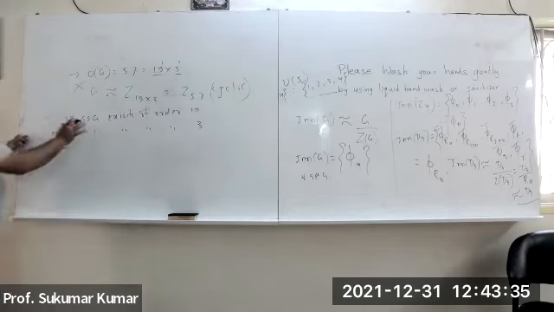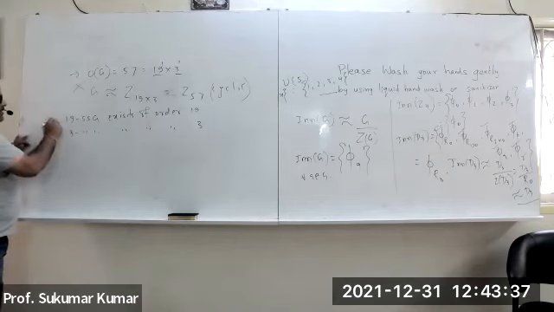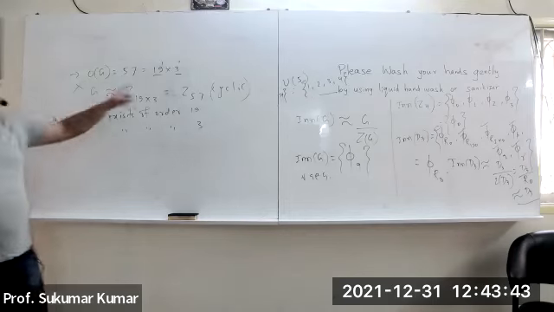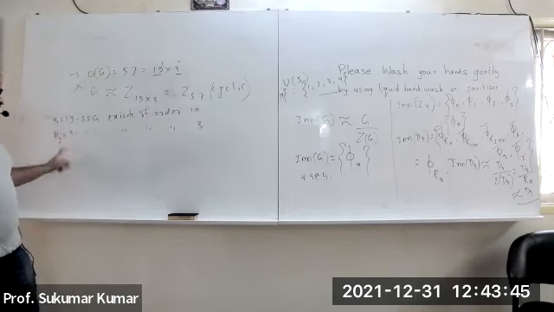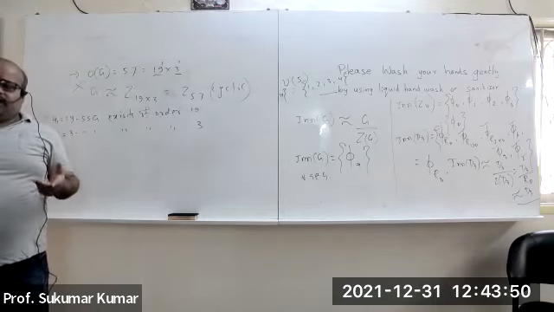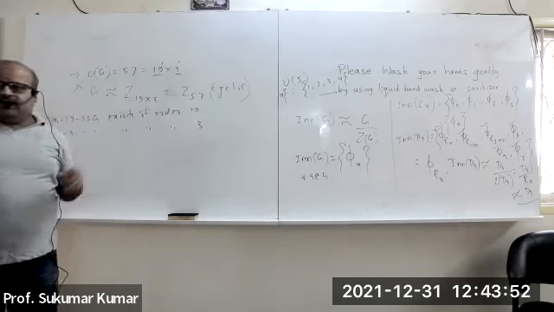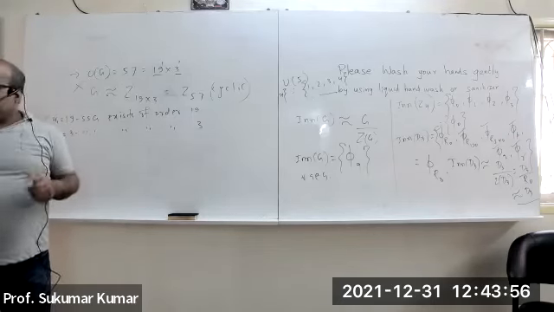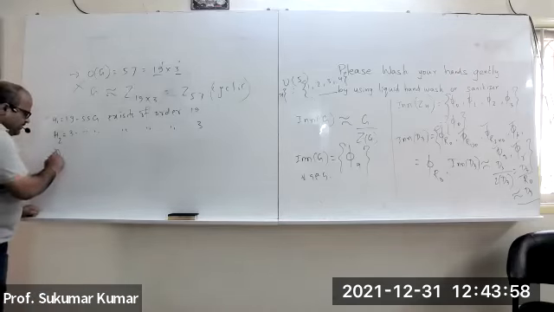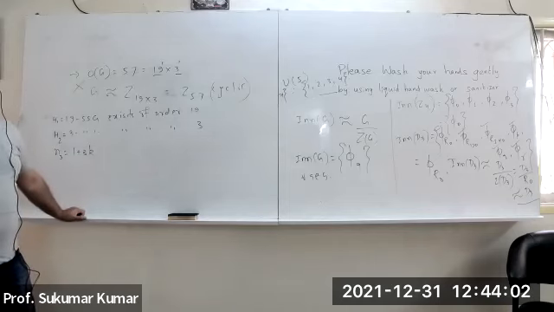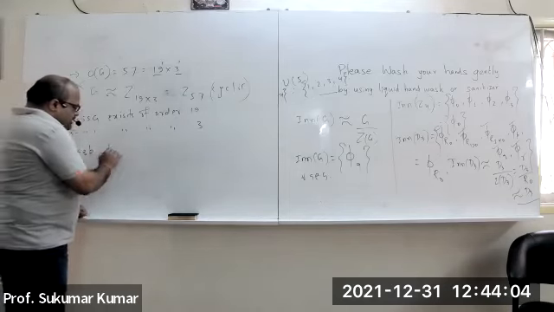This is just a name. Don't fear, it is just H1 and H2. The Sylow 19-subgroup is one name. H1 is a subgroup of order 19, H2 is a subgroup of order 3. Hereafter, first I am going with the order 3 subgroup. How many order 3 subgroups will exist? N3 is 1 plus 3k, and k is equal to 0, 1, 2.